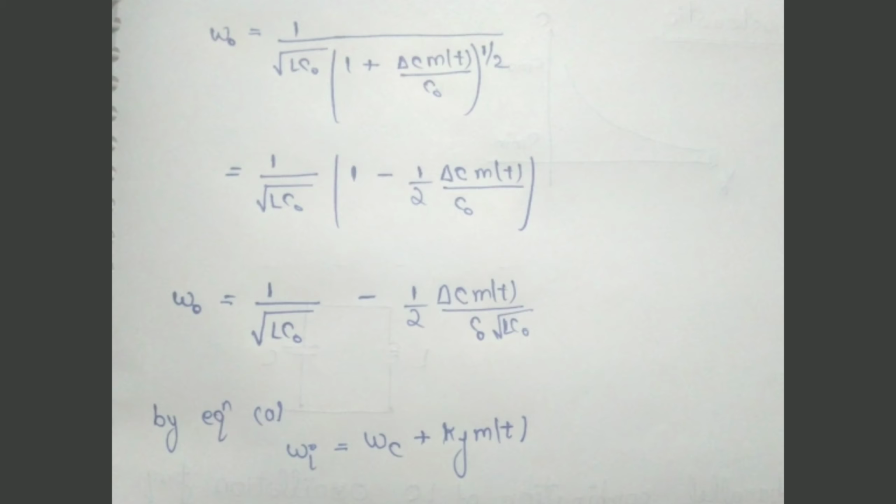If we compare this with equation A, that is ωi = ωc + Kf m(t), the second term of ω0, in which m(t) results in the change in ω0. So in this manner, the variation in m(t) results in a change in the resultant frequency.